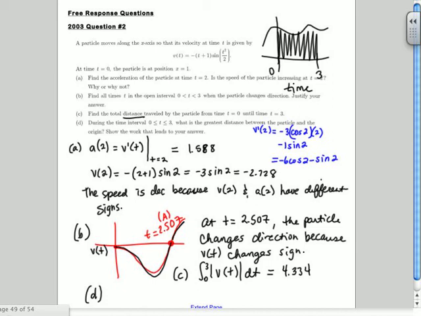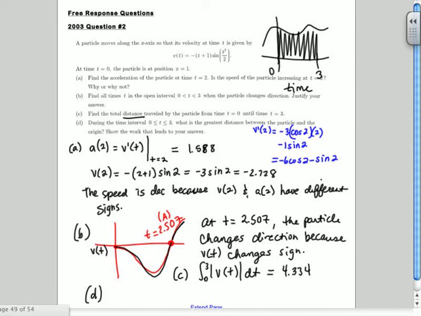So you're moving backwards until 2.507. So you're moving further away from the point, and then all of a sudden at 2.507, you're getting closer to that point again, right? You turned around.